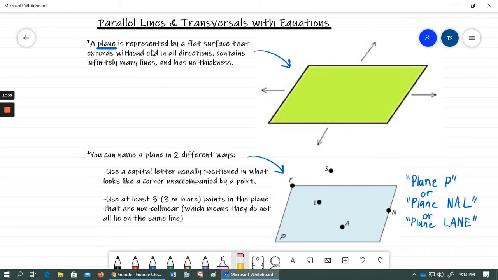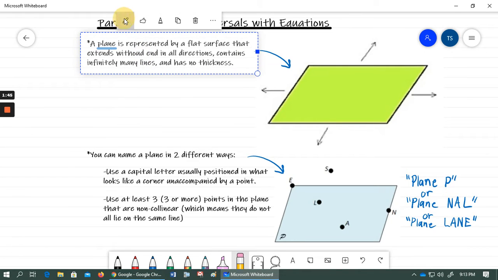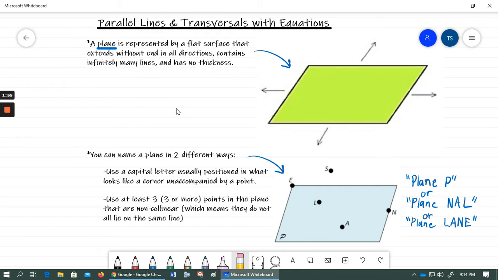A plane is represented by a flat surface that extends without end in all directions. A plane contains infinitely many lines and it has no thickness.